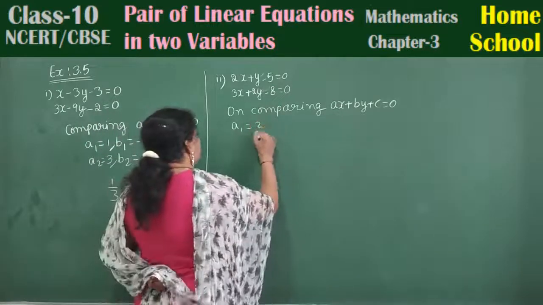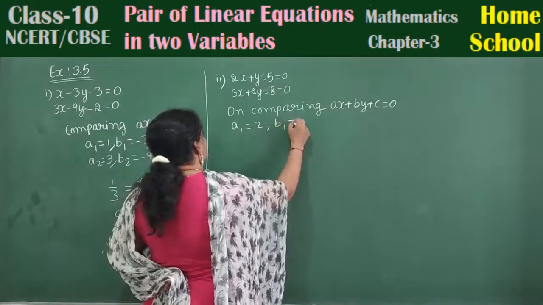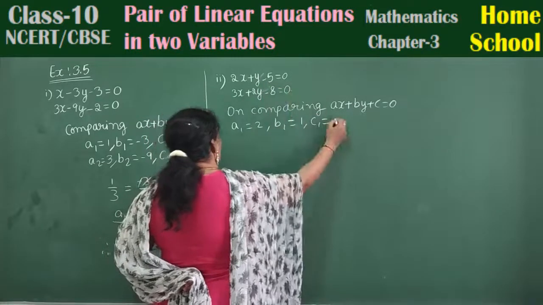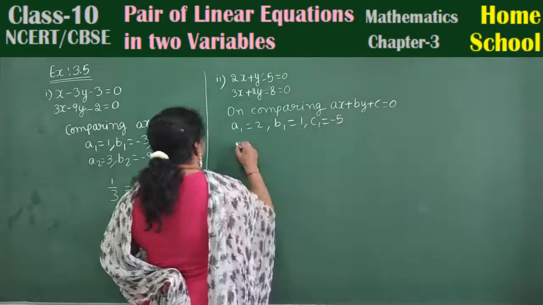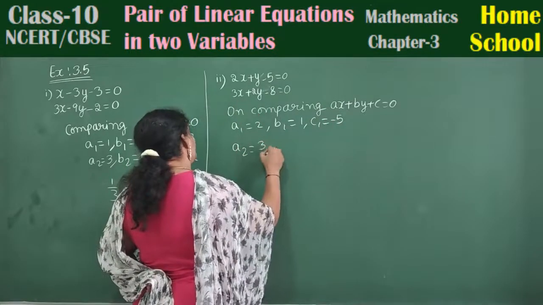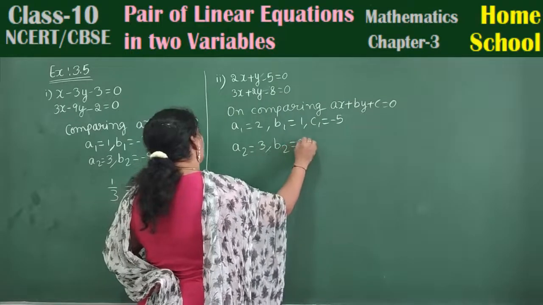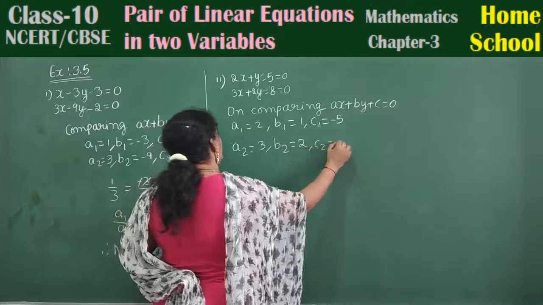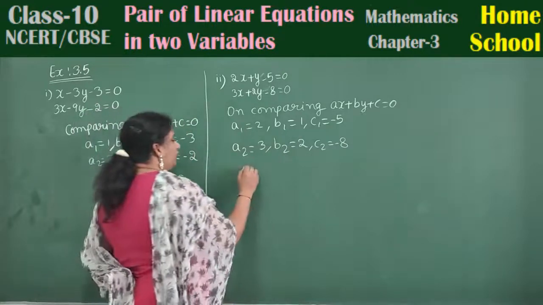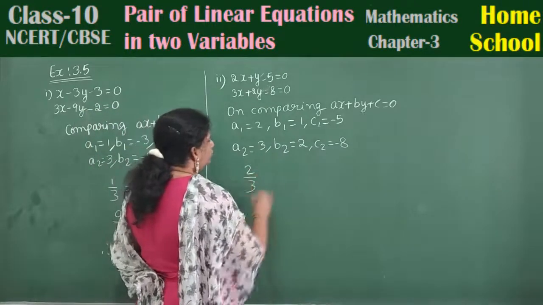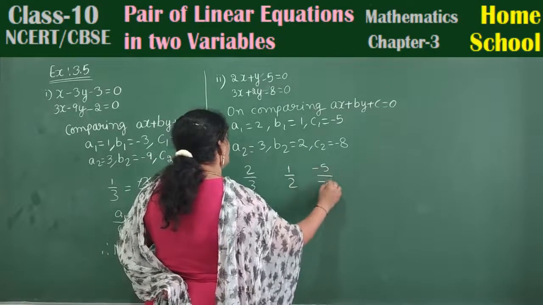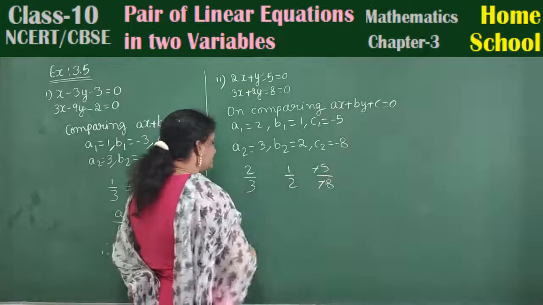a1 is equal to 2, b1 is equal to 1, c1 is equal to minus 5. Next equation, a2 equal to 3, b2 equal to 2, c2 equal to minus 8. Write in the form of ratio: 2 by 3, 1 by 2, minus 5 by minus 8.